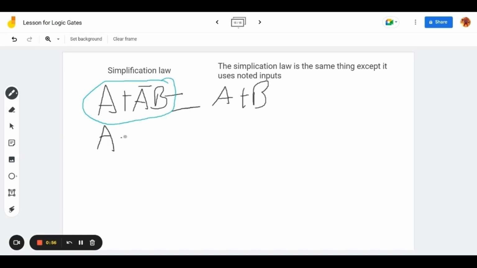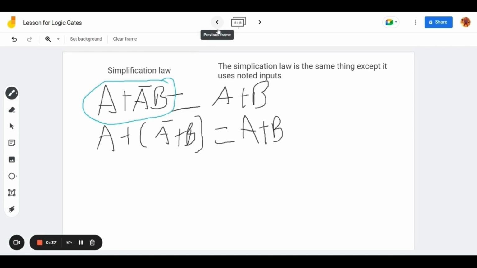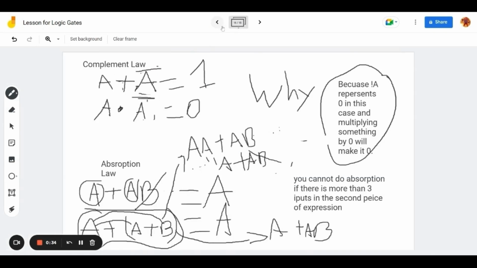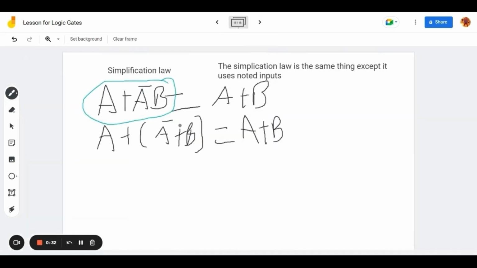There's the one with the brackets too. So A bracket, A plus bracket, A not plus B, which just results in A plus B. So same answer, same way it's written as absorption law, except there is knotted inputs, and so instead of there being the single A there, just like the absorption law, there's again a B there as well.